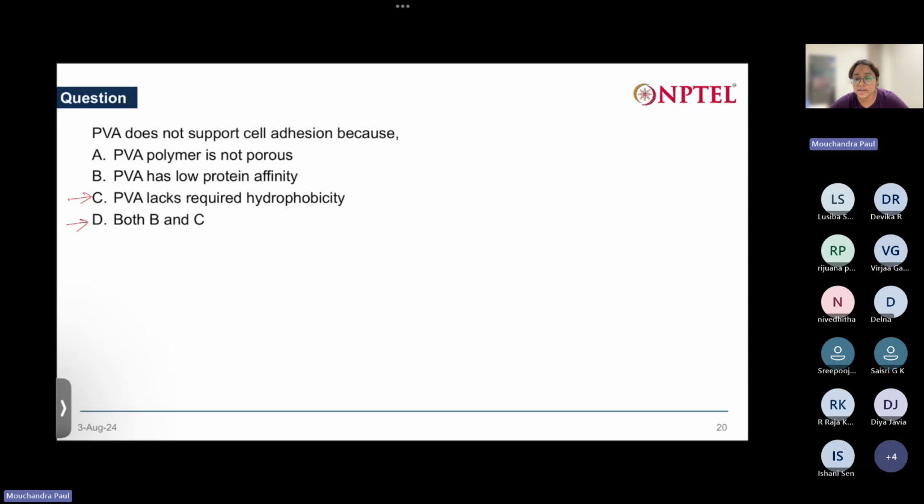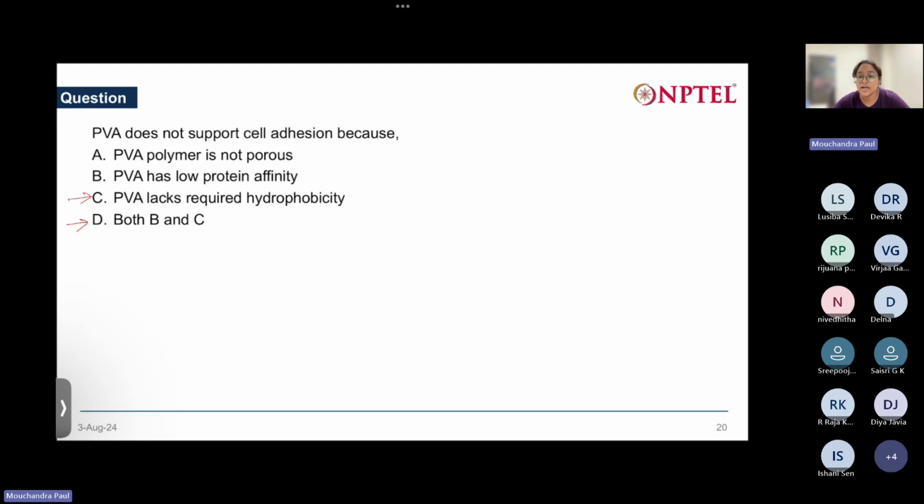And since the binding force between the water molecules and the PVA is so strong, any competing forces, like surrounding proteins, cannot compete with that force, because of which the proteins cannot adhere on a highly hydrophilic surface.